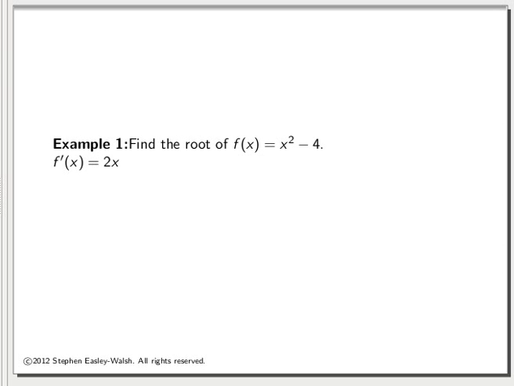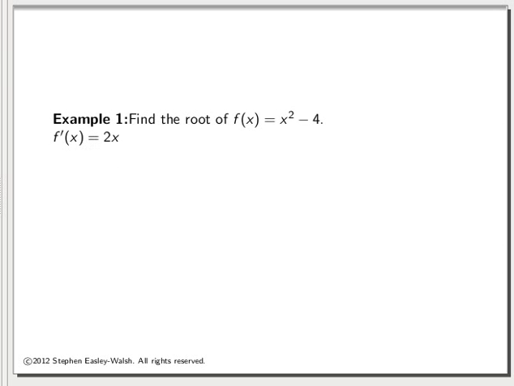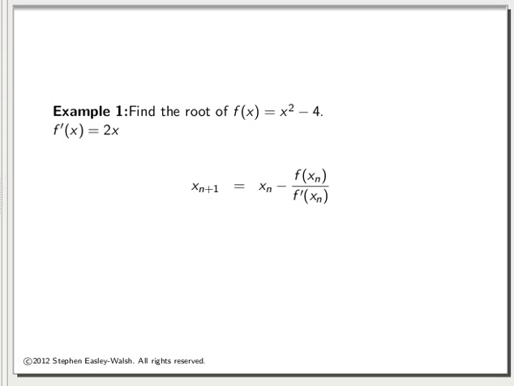So let me just copy the formula in. So there is the formula, and now I start replacing. So f(x), that is x squared minus 4, and then the derivative is 2x. So if you want, actually, I'll put both together for you.